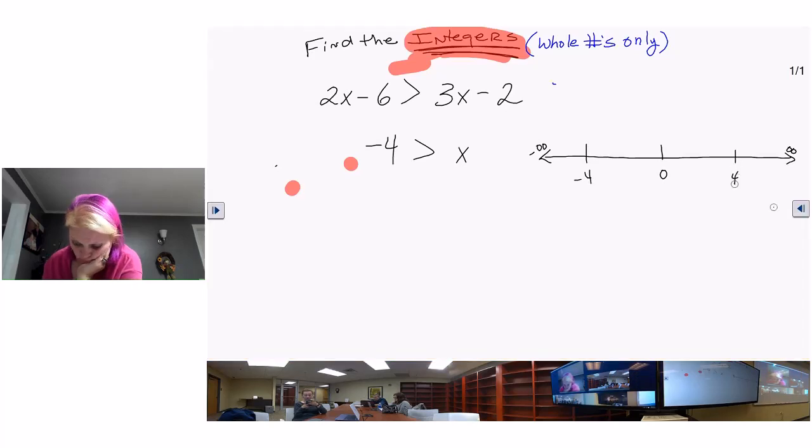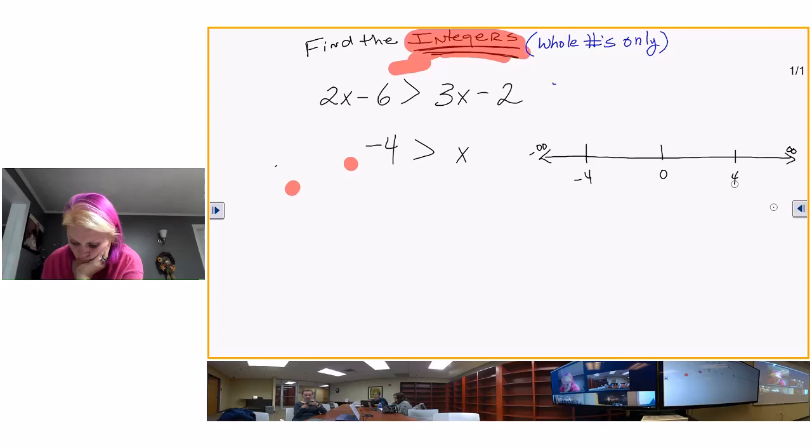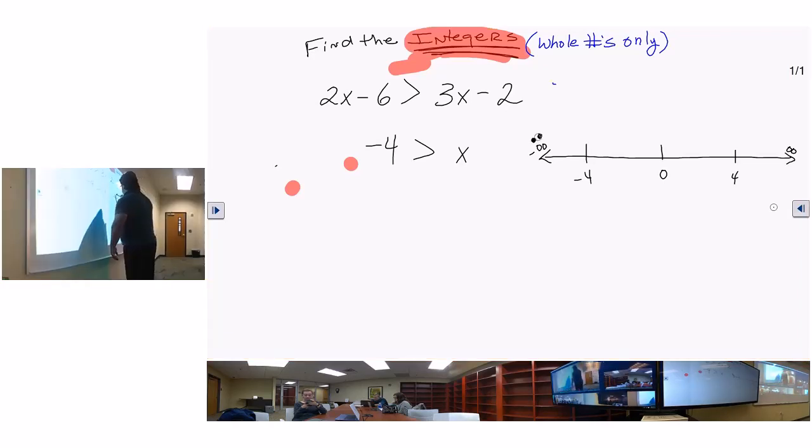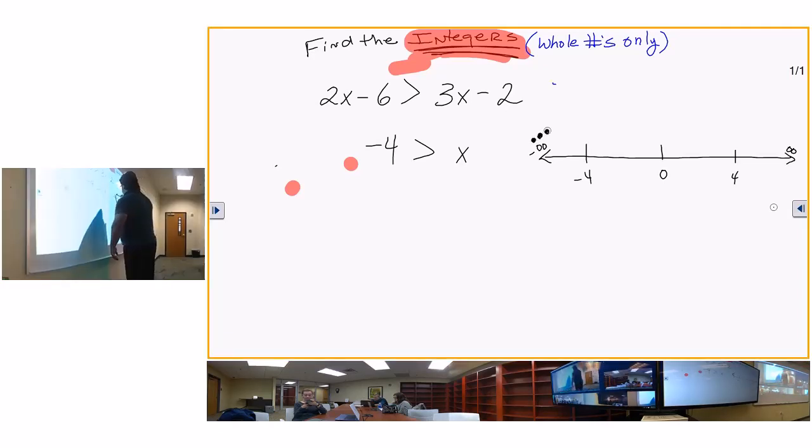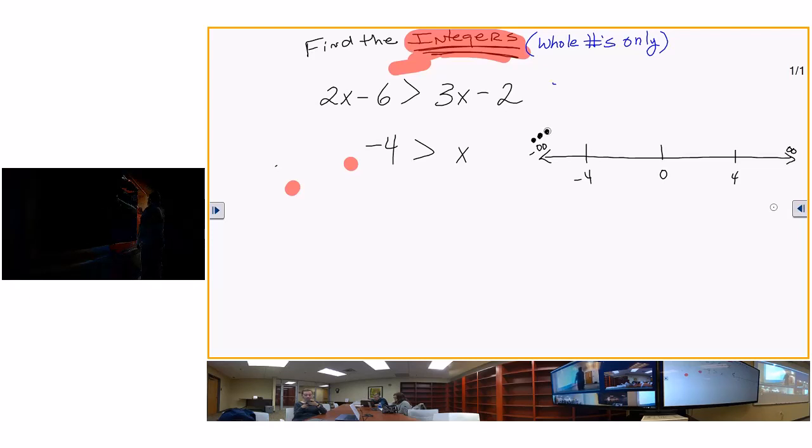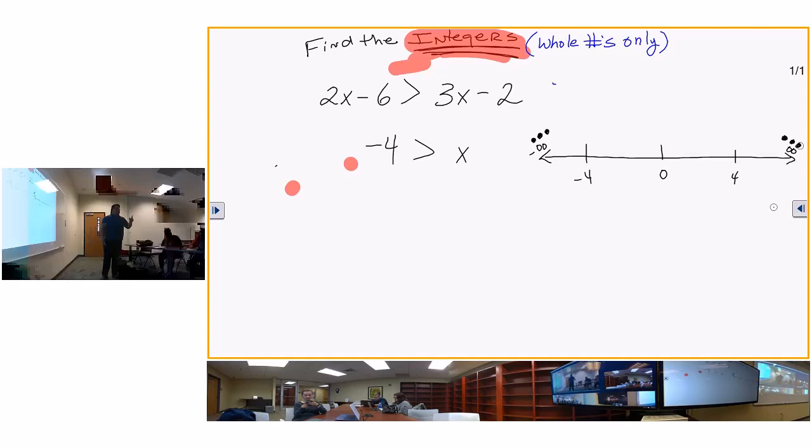Okay. I'm going to put 3 dots up here, 3 dots over here. 3 dots means I'm only talking about whole numbers. So I'm going to highlight this in red.